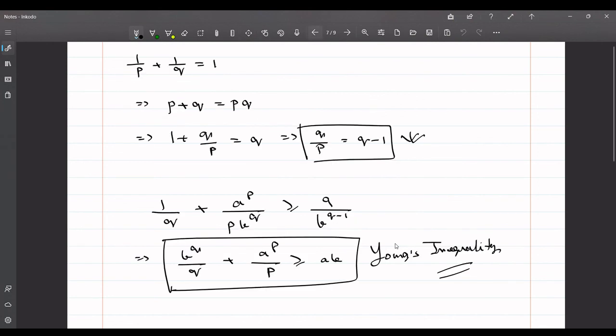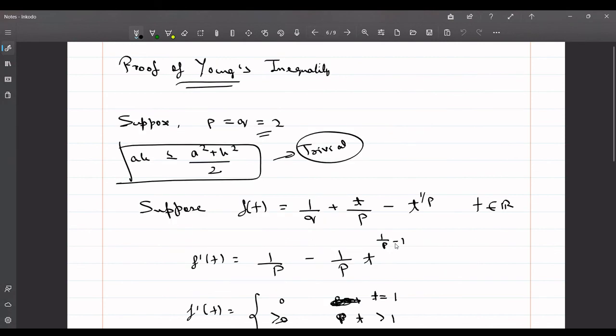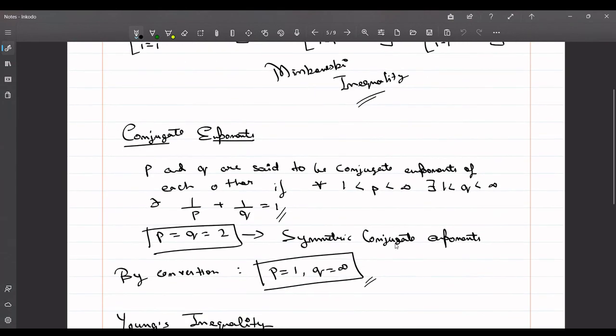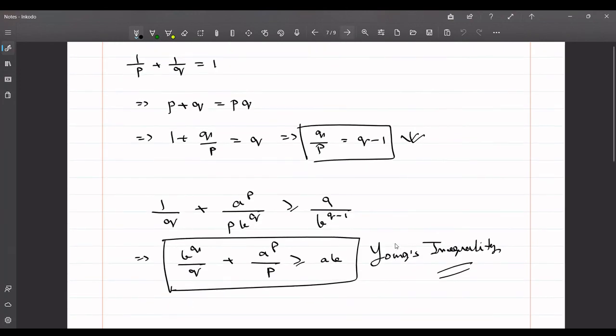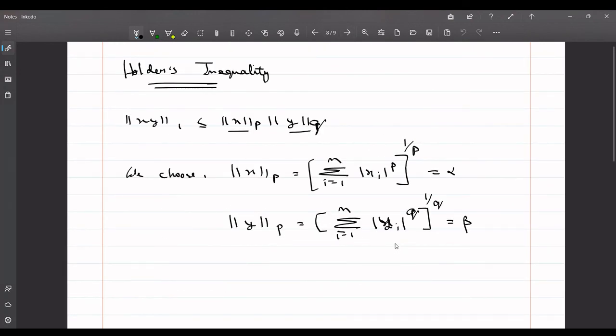Okay. Did I write the Holder's inequality correctly in the previous step? Yeah. So we take it as alpha and we take it as beta.